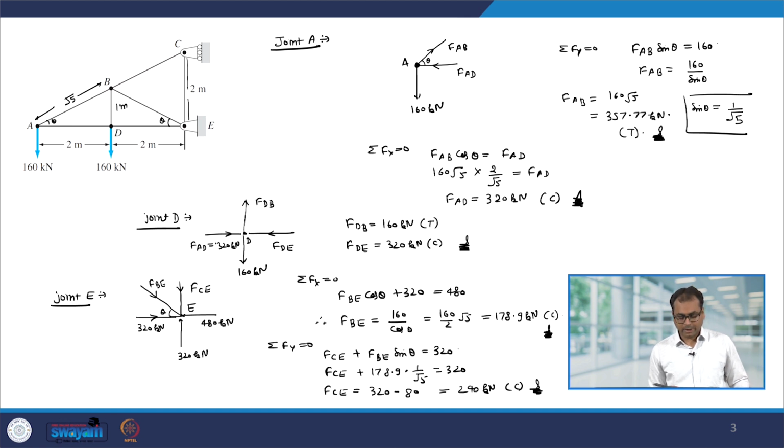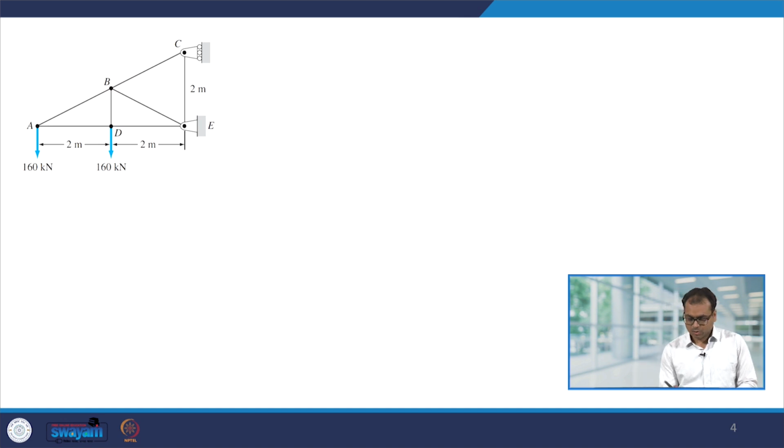So, we are going joint by joint. So, first we analyze point A, then point D, then point E. Now, let us look at point B. So, joint B, let us make the free body diagram of this joint. So, at B you have 160 kilonewton force which is acting downwards, then there is a force of FBA which we have calculated.